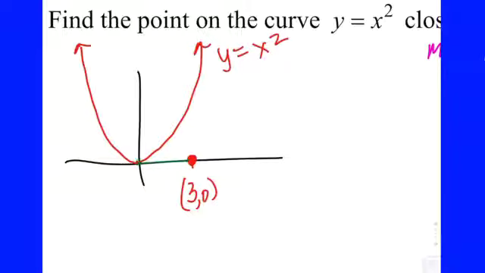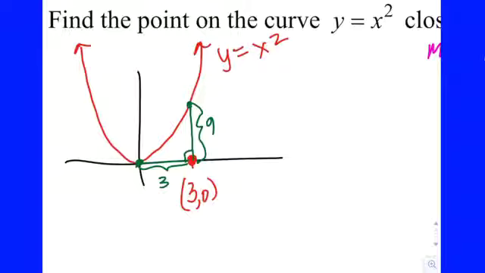If I go straight across to the vertex, that distance is what? I already know that distance to be 3. If I went straight up perpendicularly here, I already know that distance too. What is that distance? 9. Okay, so I already got the fact that it can't be the one up there, but maybe it's the vertex.